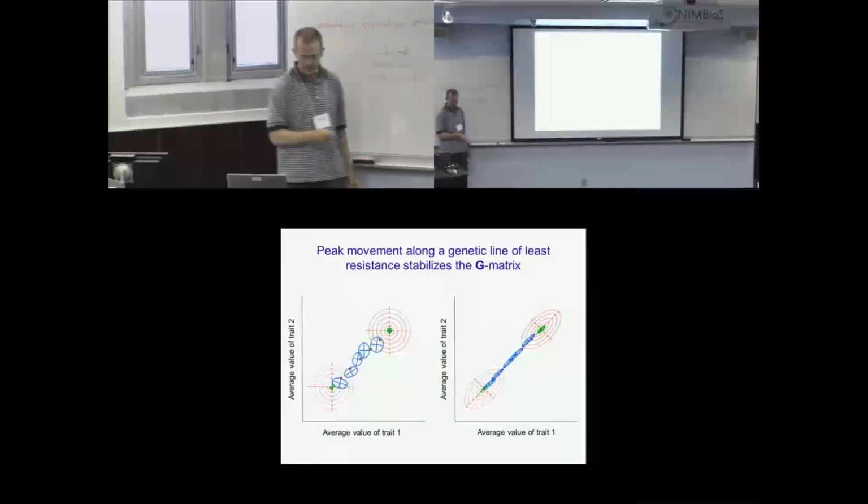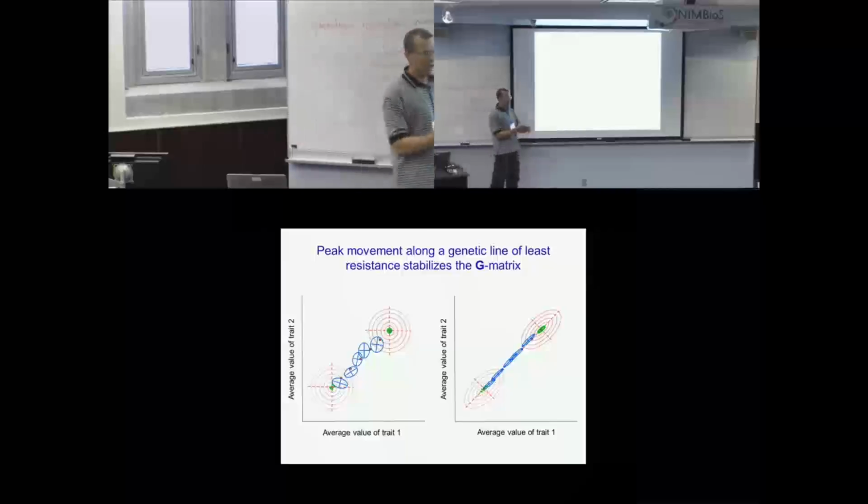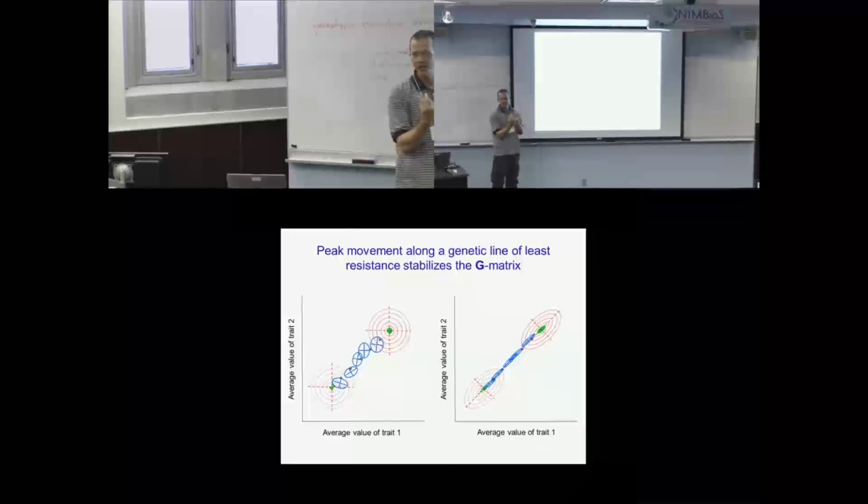Another result is that if you already have an eccentric G matrix, and now the optimum moves along the long axis of the G matrix, it makes the G matrix more stable, right? If the optimum moves across the long axis of the G matrix, it destabilizes the G matrix a little bit.